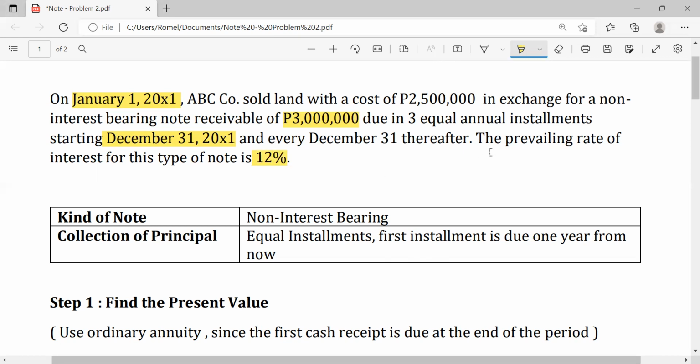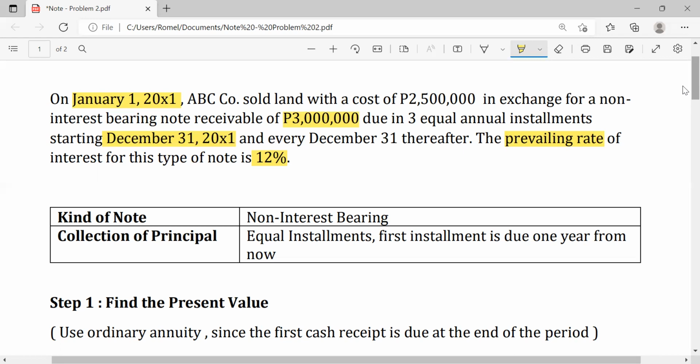Pag sinabi nating prevailing rate, in other words, we're talking about the market rate. So therefore, for the purposes of computing the present value, what rate will we use to discount or to find the present value of the note? We will be using the 12%.